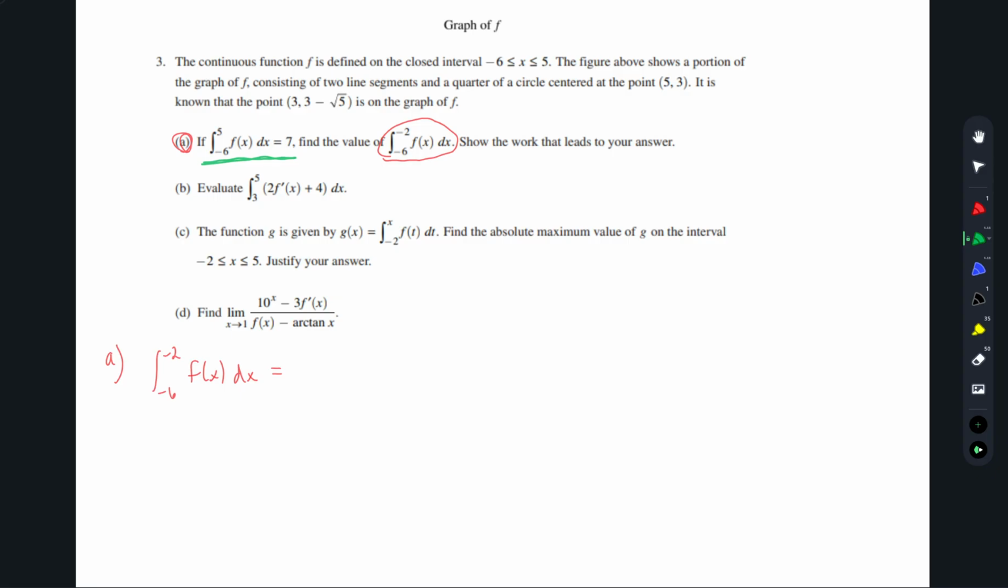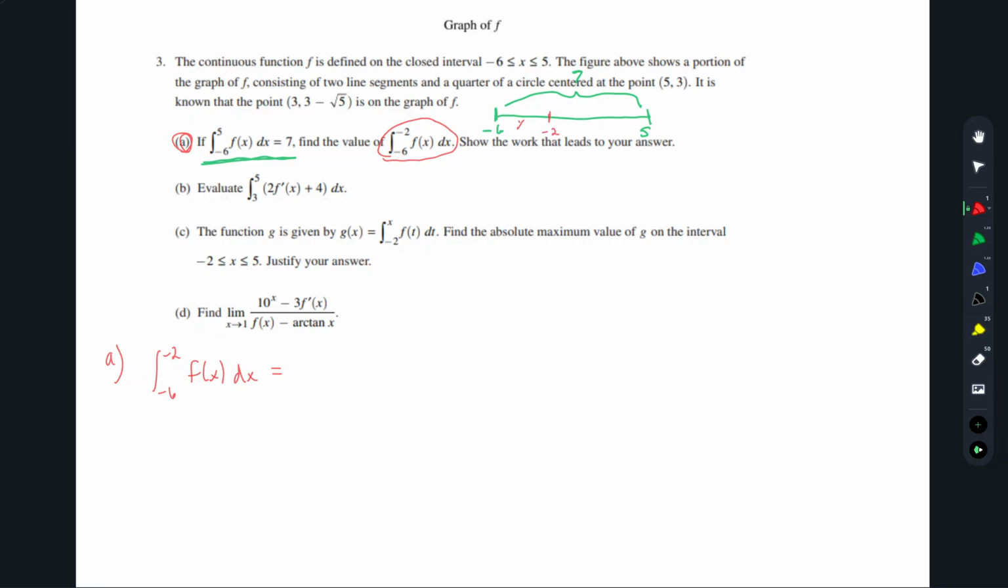For this one, I do this little segment thing, and I know from -6 to 5 is 7. It's janky, but I need to see it: this huge interval equals 7 from -6 to 5, but I only want -6 to -2. Do you see what I'm saying?